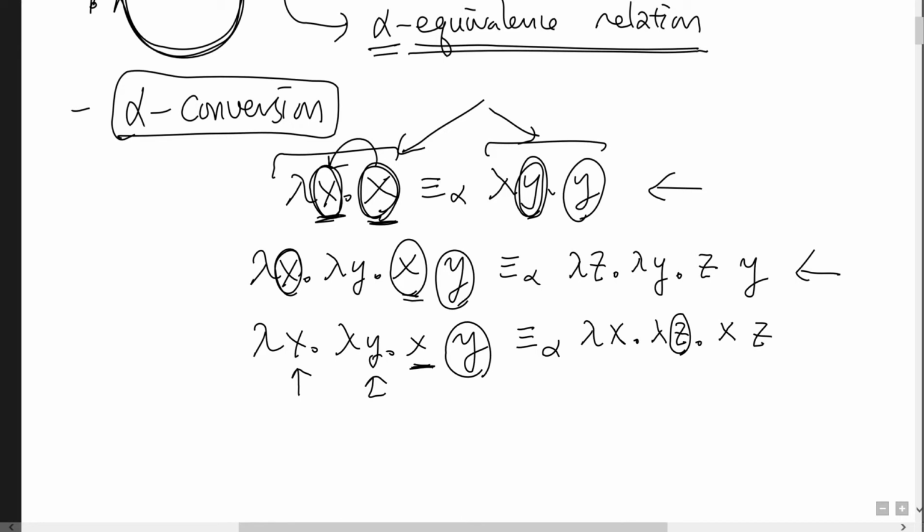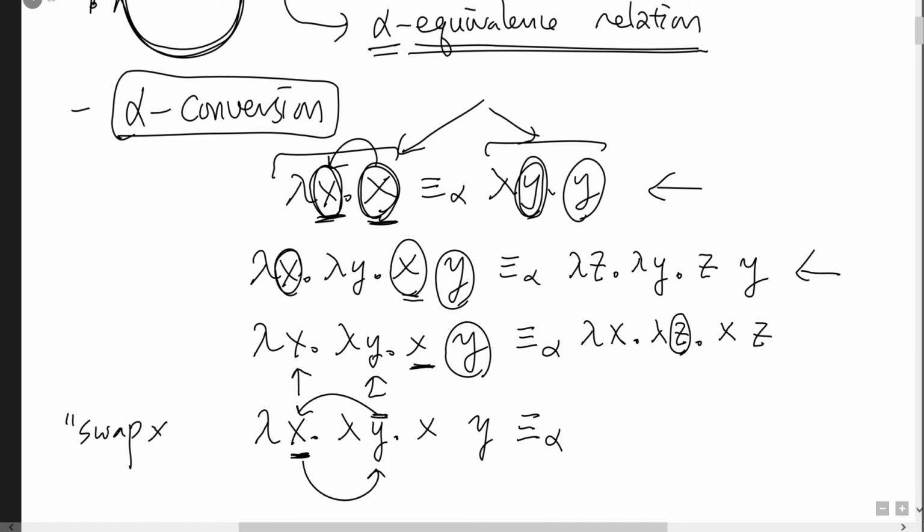Finally, we can actually rename these two variables simultaneously. And moreover, we are going to rename this bound variable x to y and this bound variable y to x. In other words, we are going to swap variable x and variable y. And what's the result? This one is renamed to y, so lambda y.